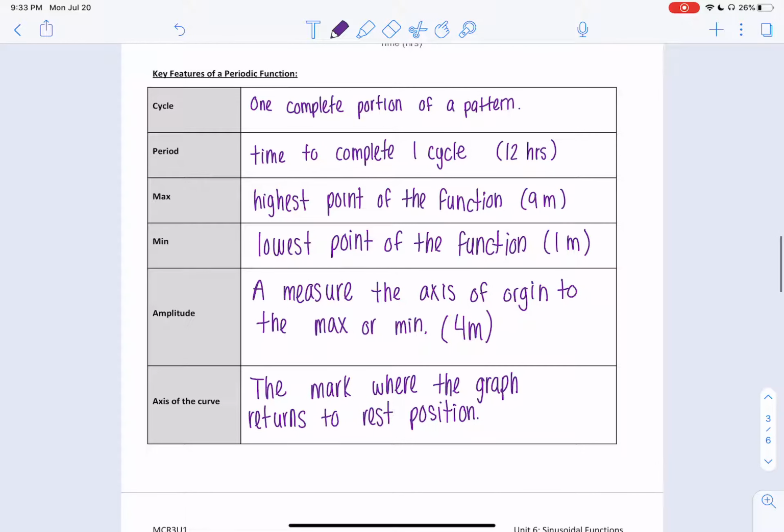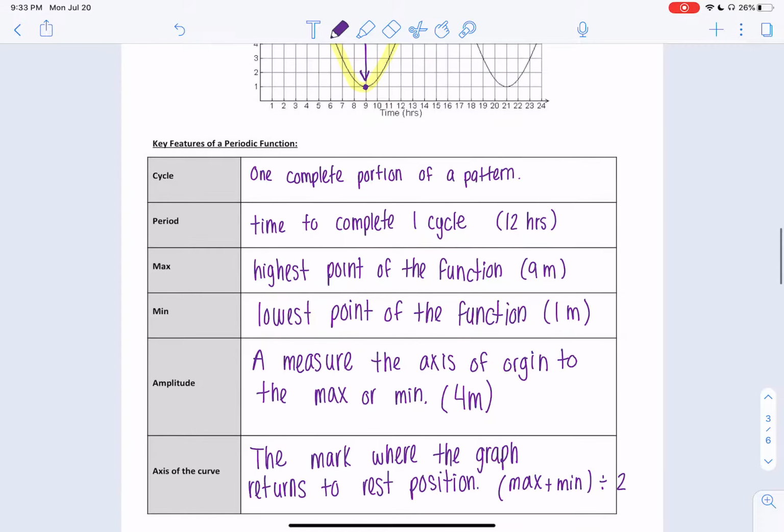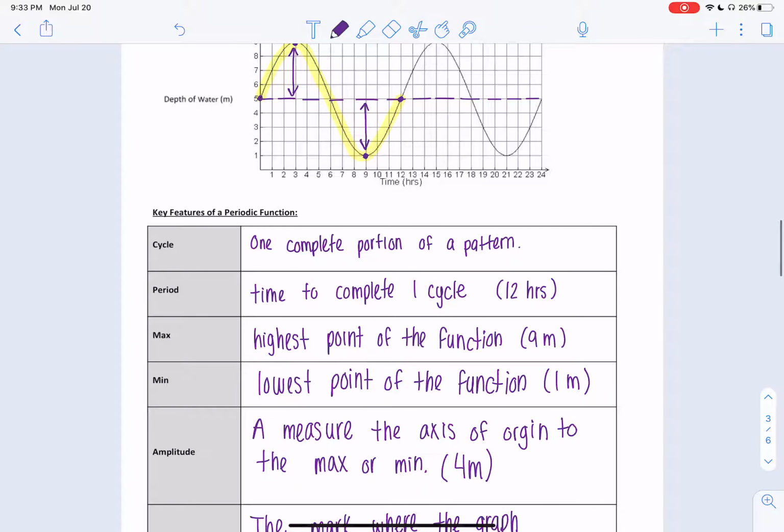So how I can find that out is I would take my max and I would add my min and I would divide by 2. And in this case, our axis is at y equals 5. So those are the key features.